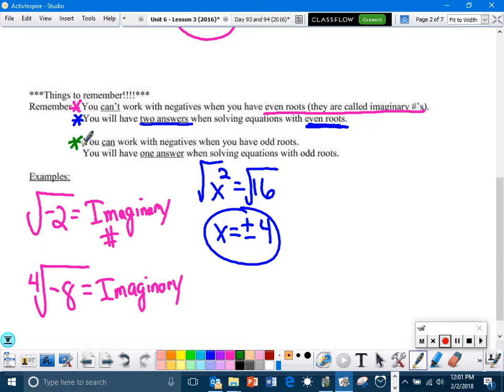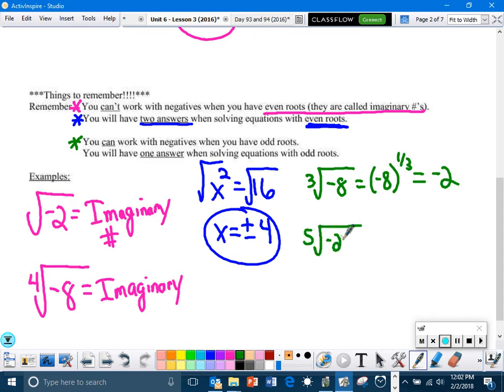All right, the next statement. You can work with negatives when you have odd roots. So, for example, if I have the cubic root of negative 8. Now remember, that's the same as negative 8 to the 1/3 power. That will work. Negative numbers will work with roots that are odd. And that answer is -2. Go ahead and try it on the calculator if you want. Like if I did the 5th root of -243.